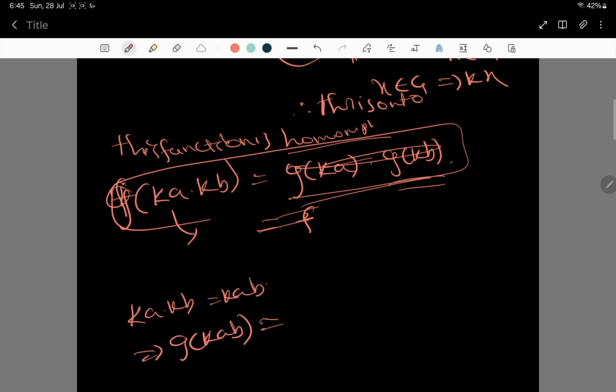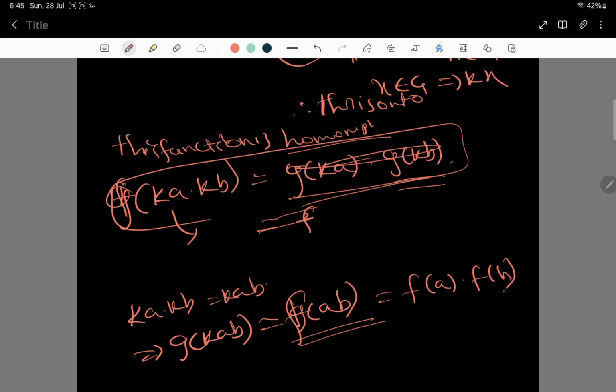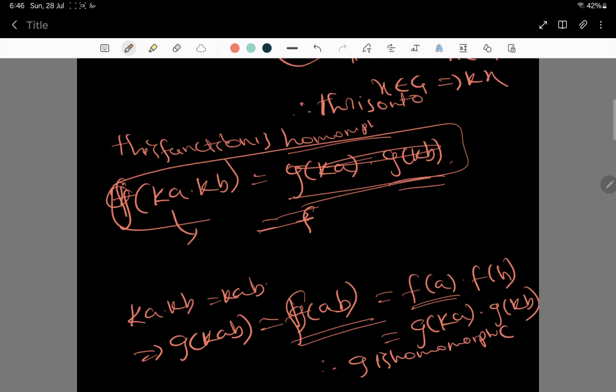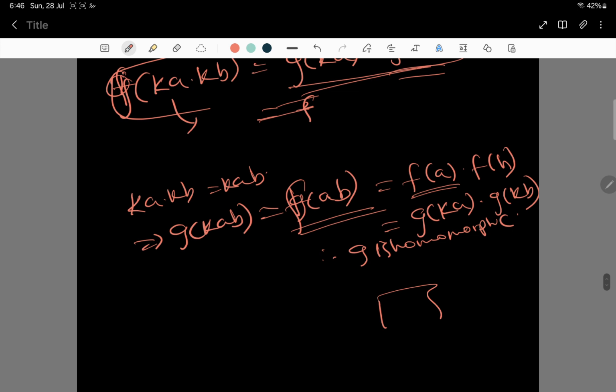This will be f of ab, this is how we define it. This will be f of a into f of b, since f is already a homomorphism. But f of a is g of Ka and f of b is g of Kb. Therefore g is a homomorphism. So we are done. That's it.